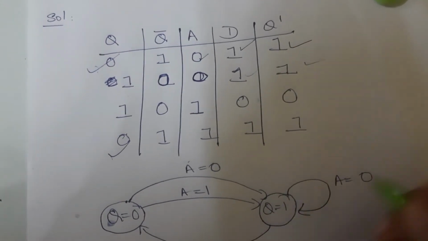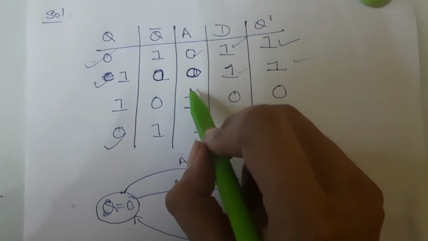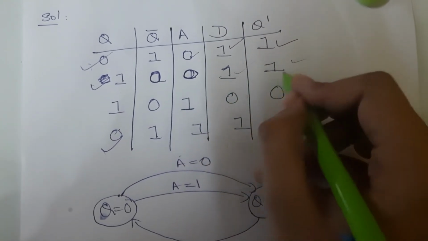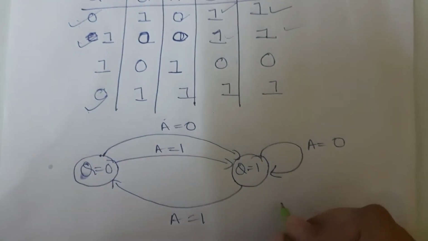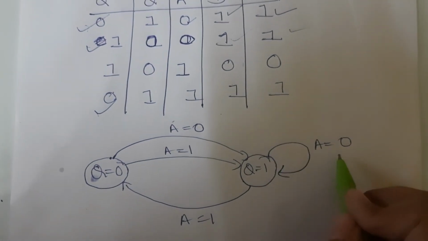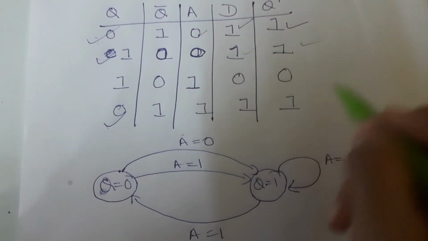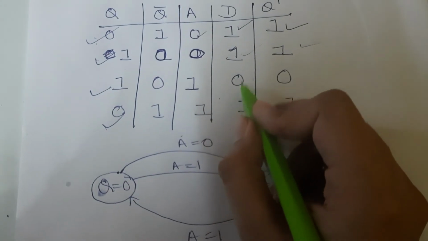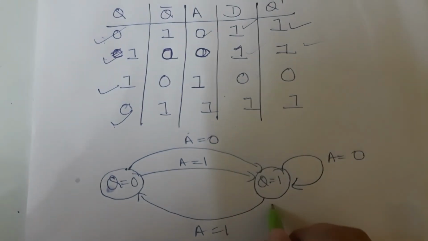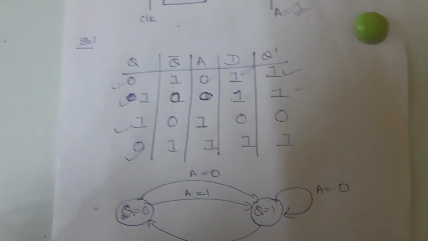Now at Q equal to 1, if A is 0, it will shift to Q equal to 1, which means it will remain at the same place for A equal to 0, Q equal to 1. Now if A is 1, it will shift to Q equal to 0. So A is 1, it's shifting to Q equal to 0. So this is the state transition diagram.